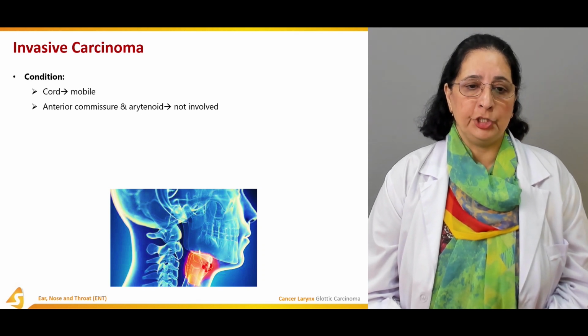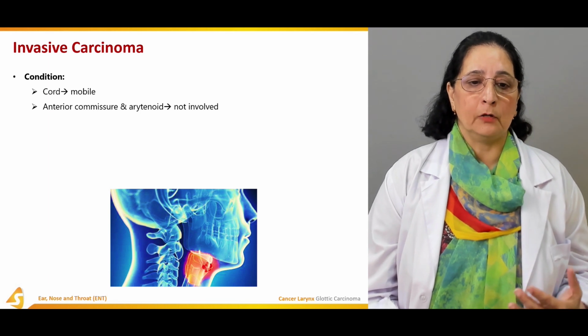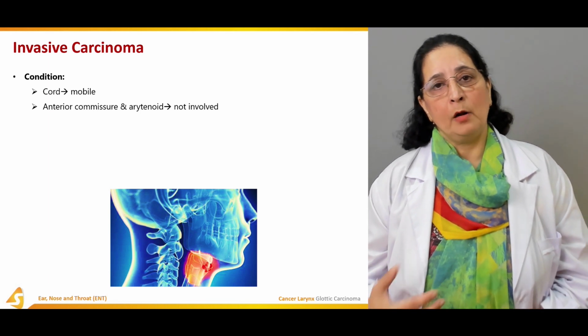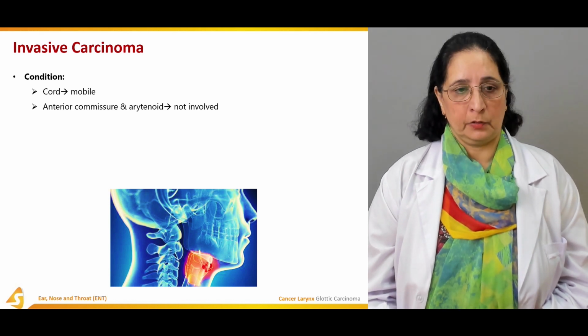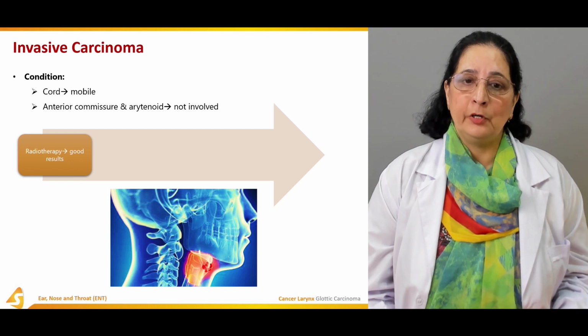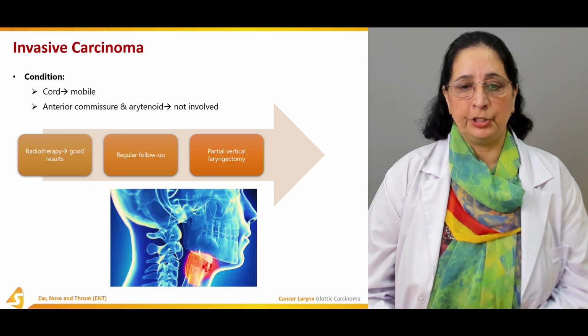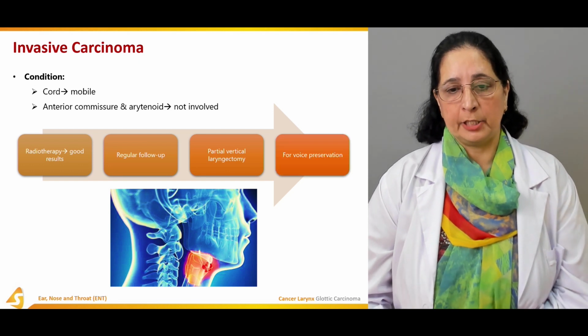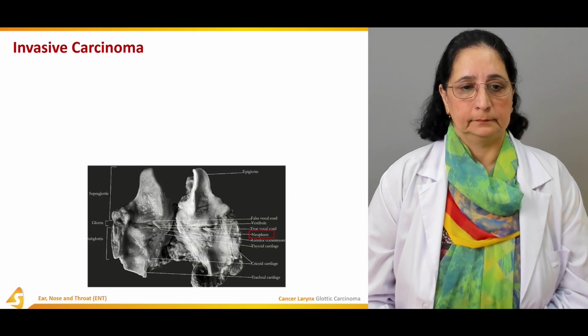Again, the conditions we already mentioned depend on the mobility of the cord and involvement of the arytenoid and anterior commissure. Radiotherapy usually gives good results. Regular follow-up is required. Partial vertical laryngectomy is used for voice preservation.